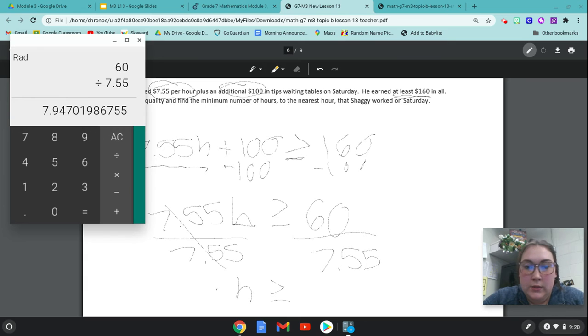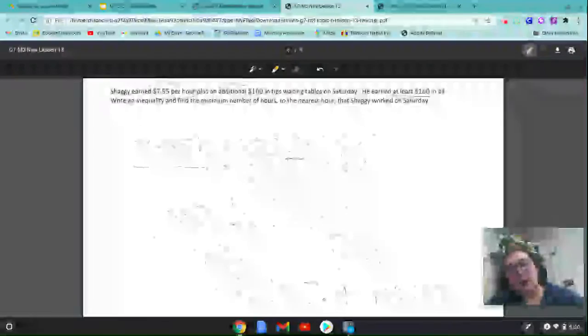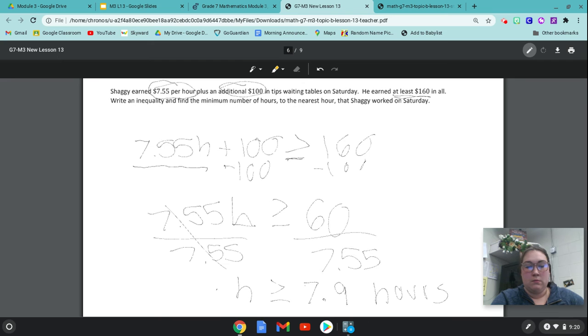Okay, and it says minimum number of hours to the nearest hour. So I'm going to say that's closest to 7.9 hours. If you wanted to round up to 8, that'd be more accurate, but I'm going to leave it as 7.9. So Shaggy had to have worked at least 7.9 hours to earn his $160 in total.